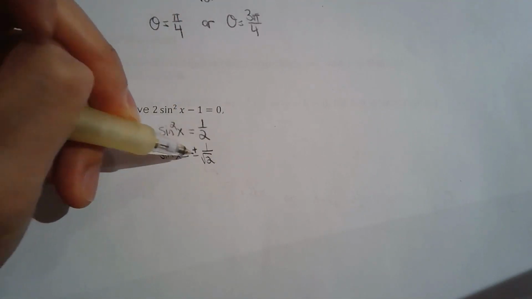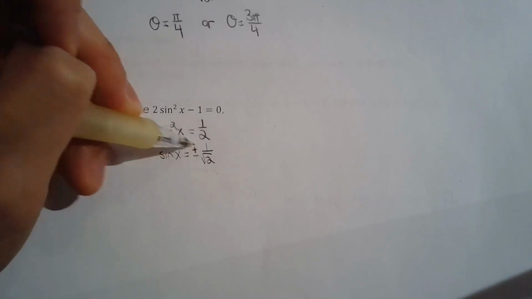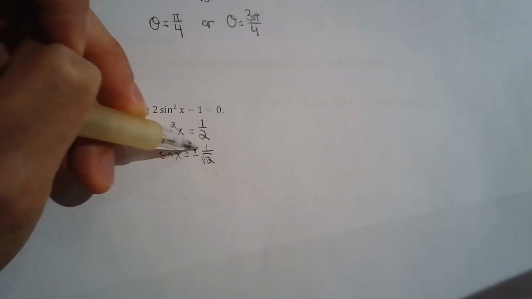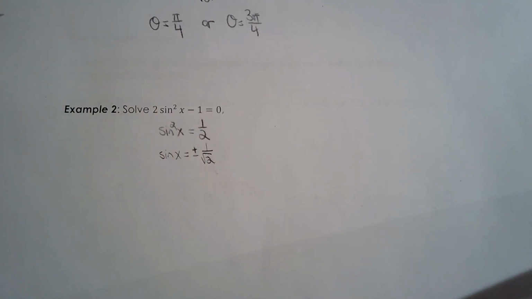Okay, so it makes a big difference because now I have an expectation of 4 answers as opposed to 2 answers, because I'm accepting positive 1 over root 2, which will give me an answer in quadrant 1 and 2. And for negative 1 over root 2, I'm going to get answers in quadrant 3 and 4.